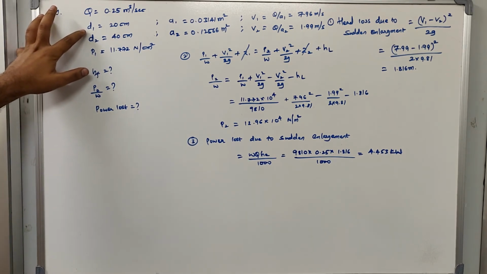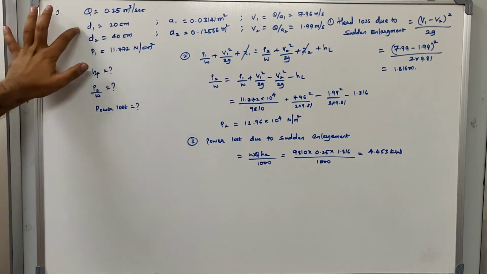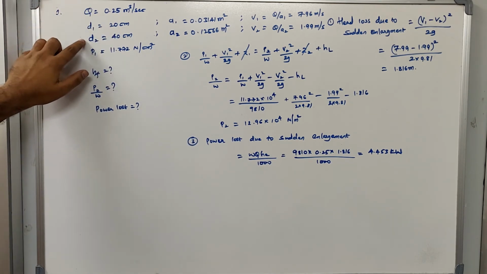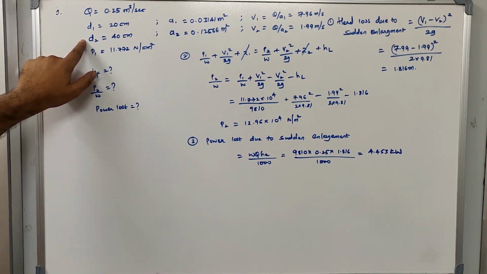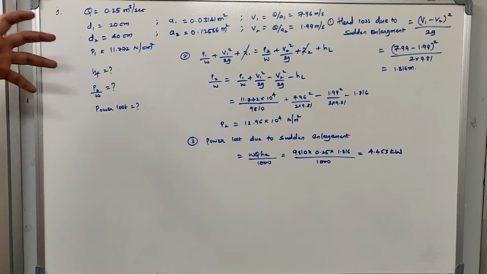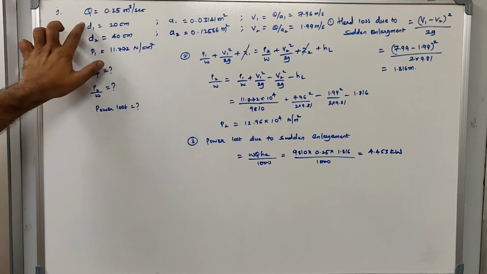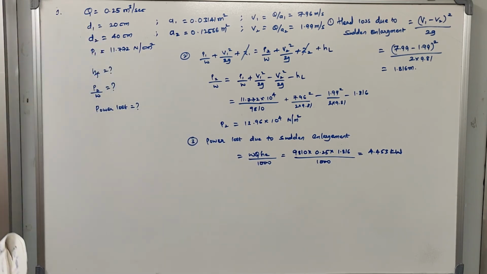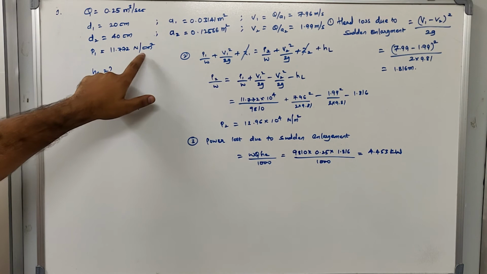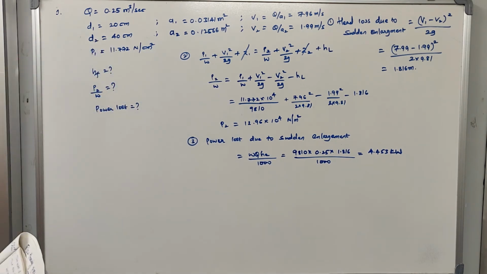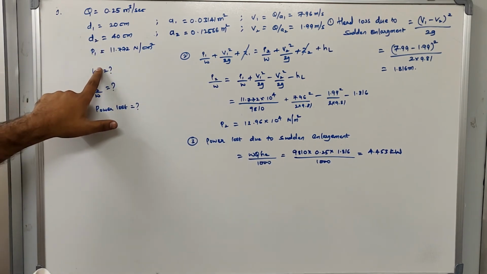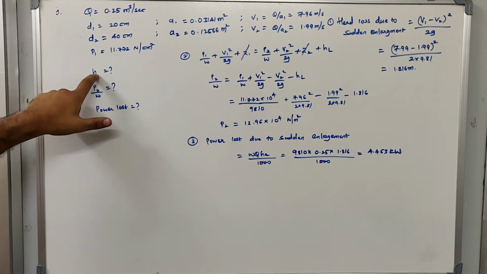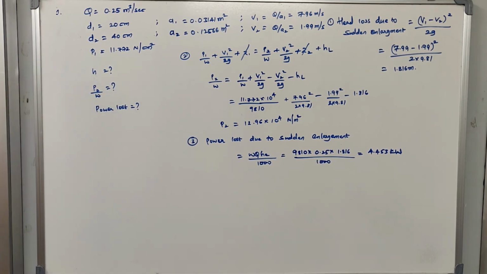Let us take small d1 as 20 centimeter, the pipe before the enlargement, and d2, the diameter after the enlargement, the diameter of the larger pipe, is 40 centimeter. Next is the pressure intensity in the smaller pipe, before the enlargement, which is 11.772 Newton per centimeter square, right? What is to be calculated? We need to calculate the head loss due to enlargement.